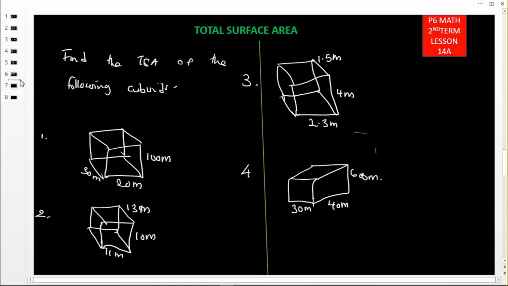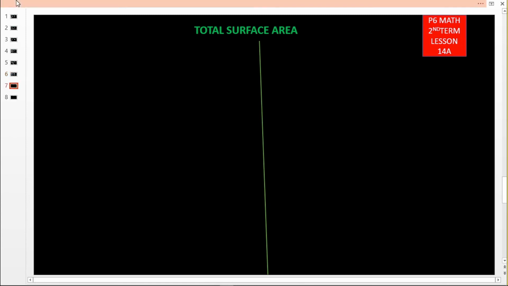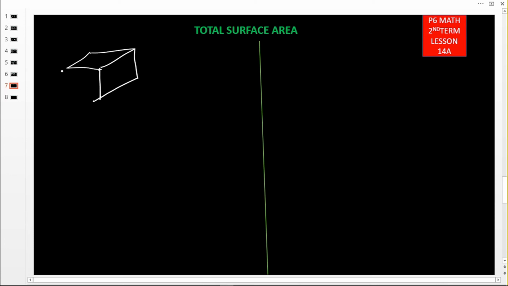Number 5, let it be 23 centimeters, 40 centimeters, and 18 centimeters.